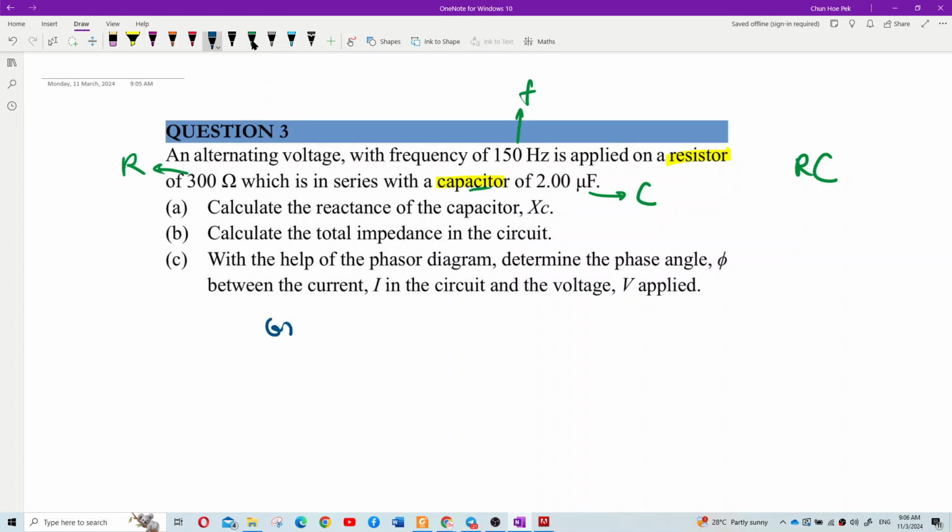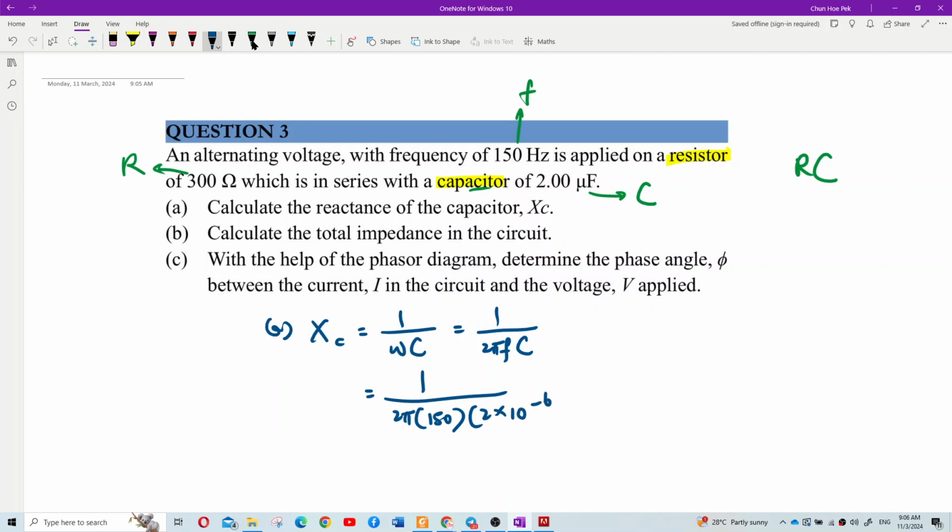So question A, how to find the reactance XC? XC is 1 over omega C or 1 over 2 pi f C. This time we use the frequency. So 2 pi, the frequency is 150, and C is 2 microfarad. Micro is negative 6. Okay, what's the answer, class?